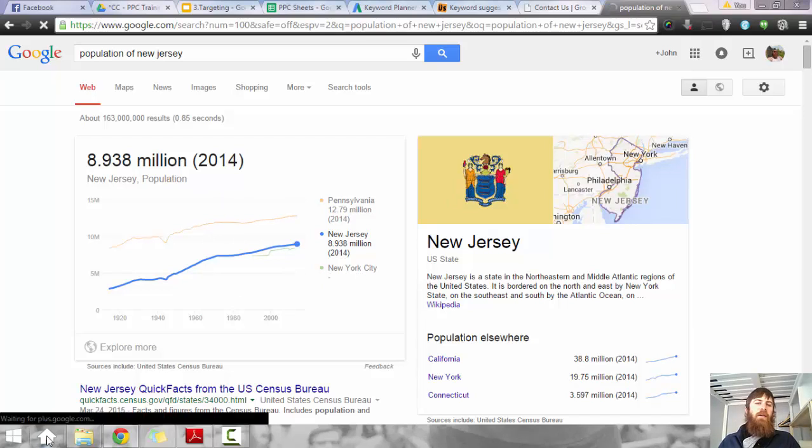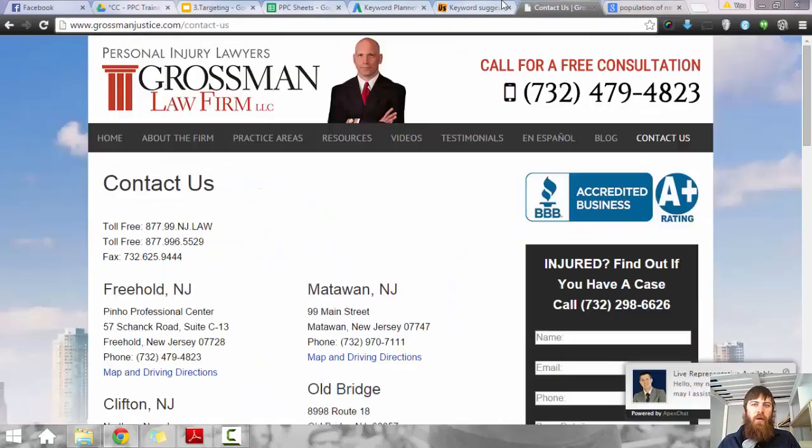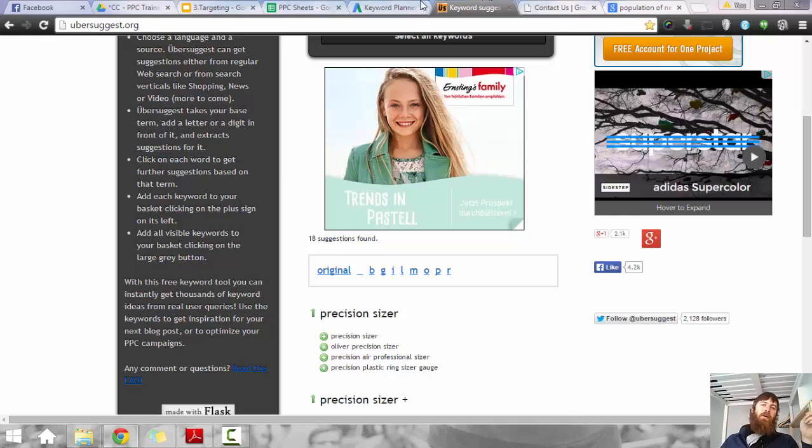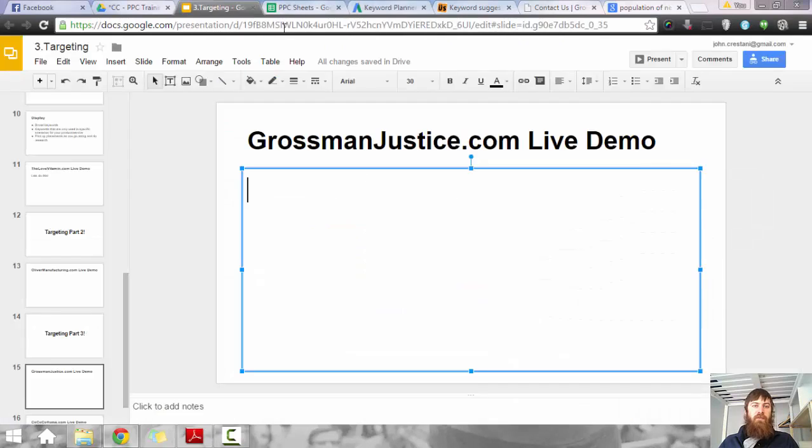So about 3% of the population is in New Jersey. From there, we have to go much broader in our ad groups, because we're targeting a much smaller region, if that makes sense.